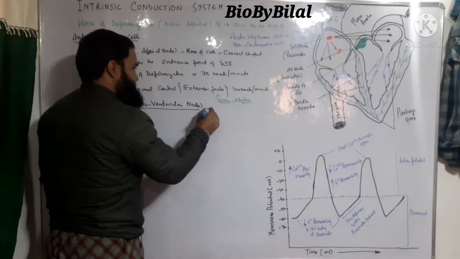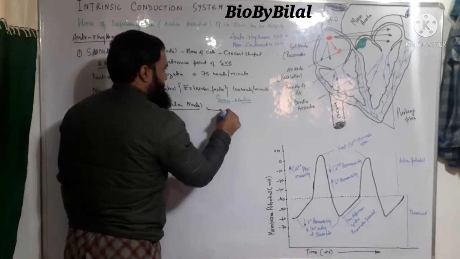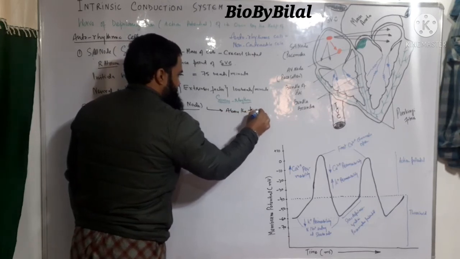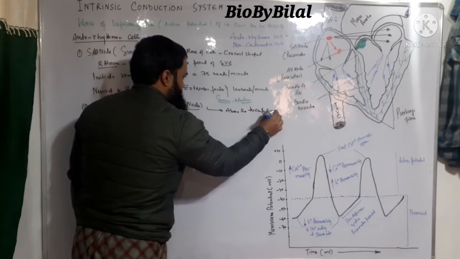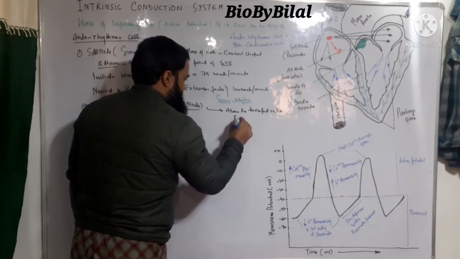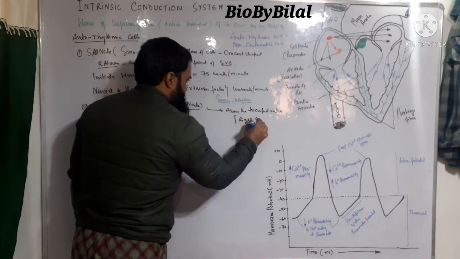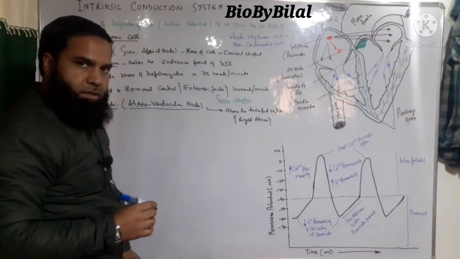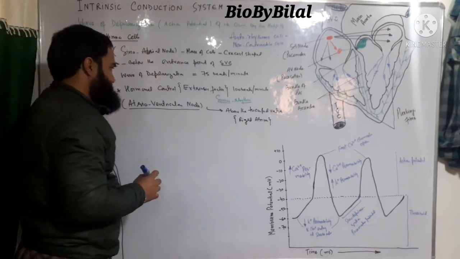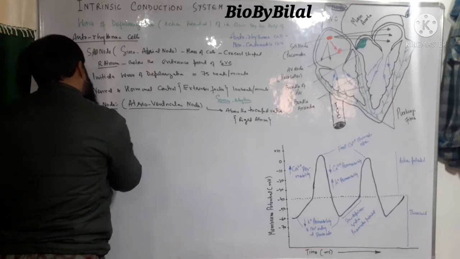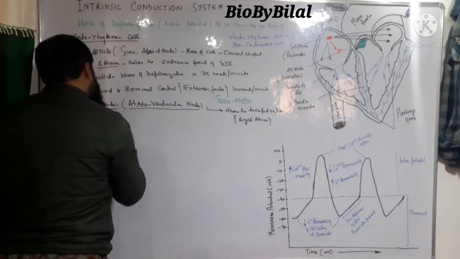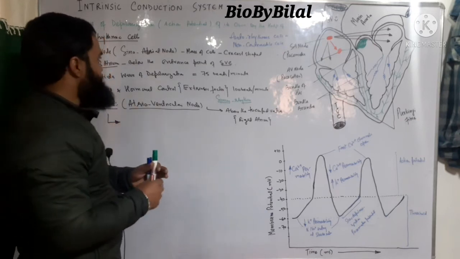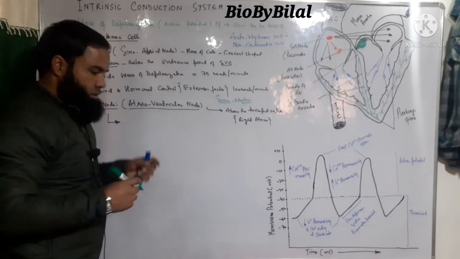It is found above the tricuspid valve, so it is also found in the right atrium. It's also a patch of muscle, and here you must know that the wave, or we can say the impulse, spreads from the SA node. Mention here this point.